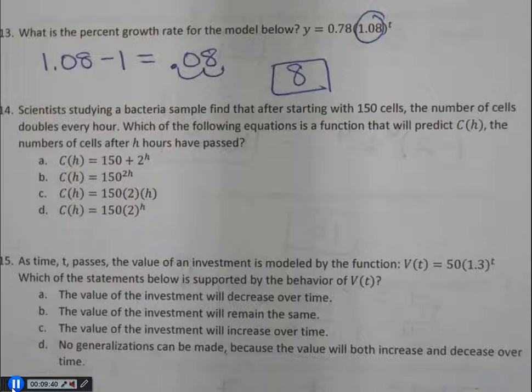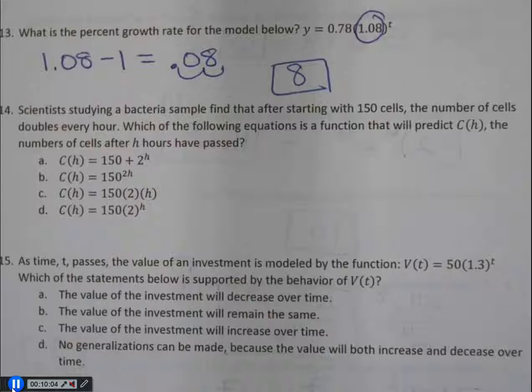Questions on 13. Why did I do minus 1? Because I wanted to find how much more it was growing, and normally, if everything stayed the same, it's 100%. 100% is 1.